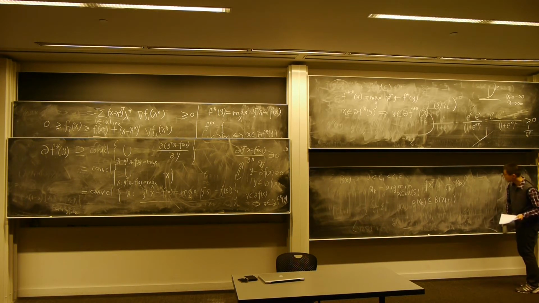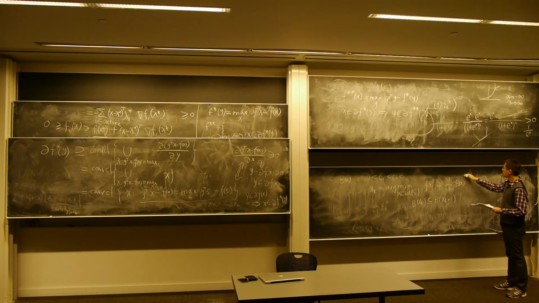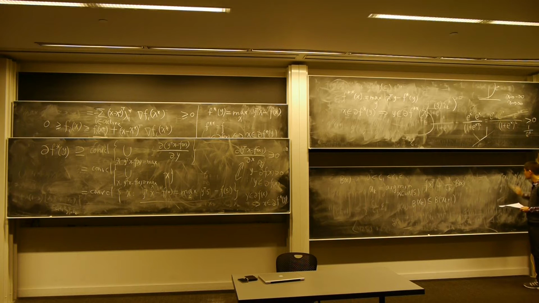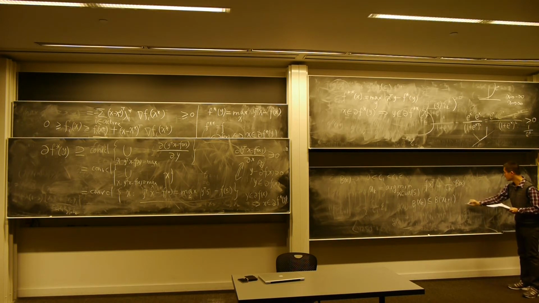So a requirement for a barrier function is that b(x) has to be greater than 0. Is that part of the requirement? I don't know. Let's see. Suppose we're doing it in one-dimensional x, and this is my feasible set S here.